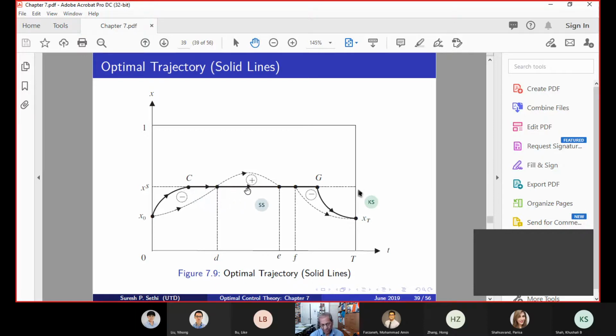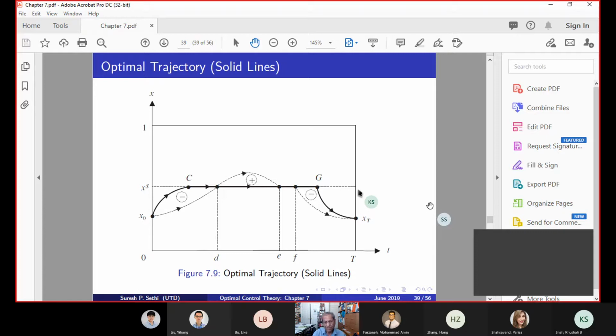Then I go along this line choosing the control us. Then at this point, just in time so that I can reach exactly xT, I will leave this line and use 0 control to come to xT.